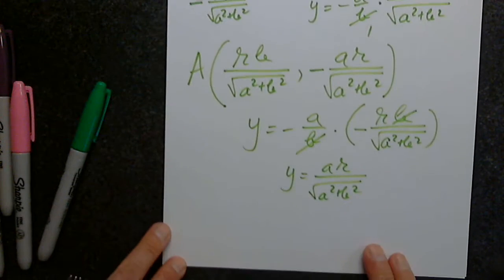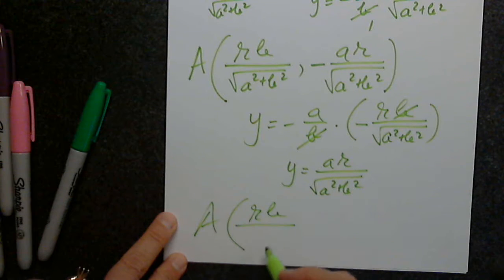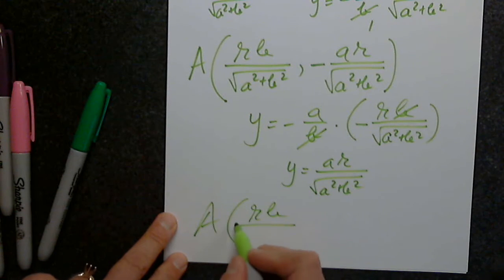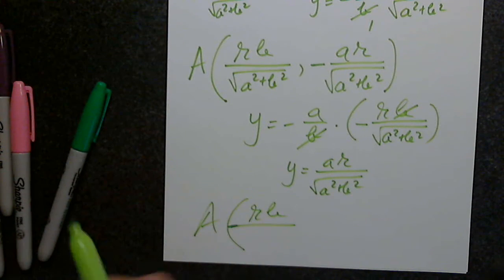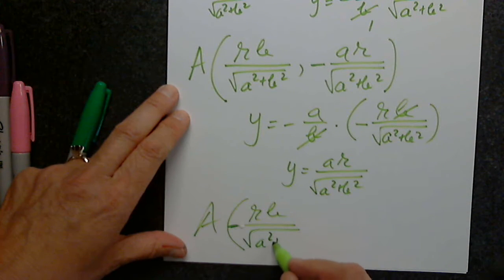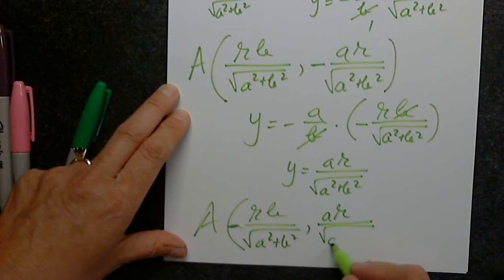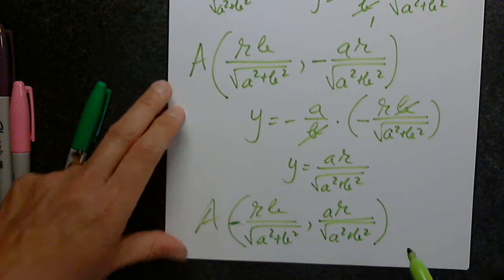A lot of work. So this is negative RB over the square root of a squared plus b squared, comma, AR over the square root of a squared plus b squared.